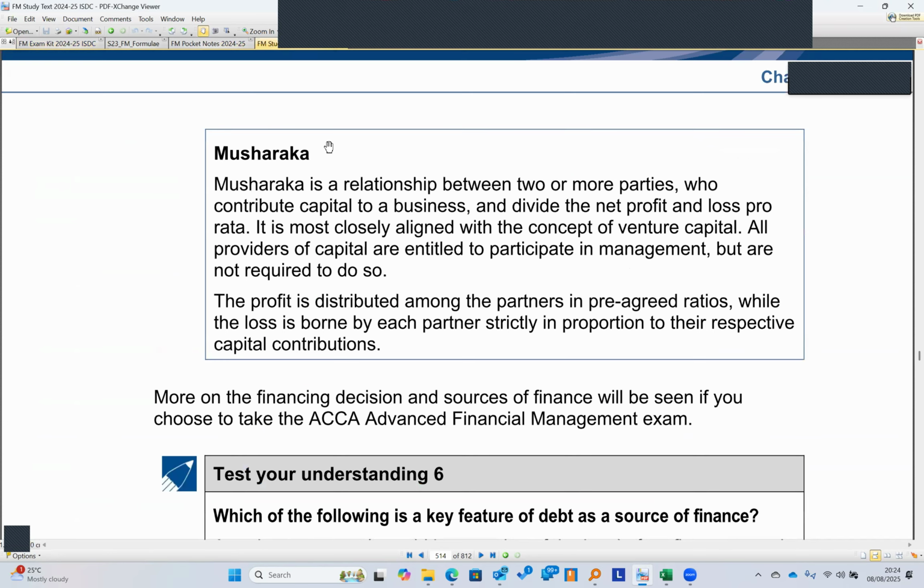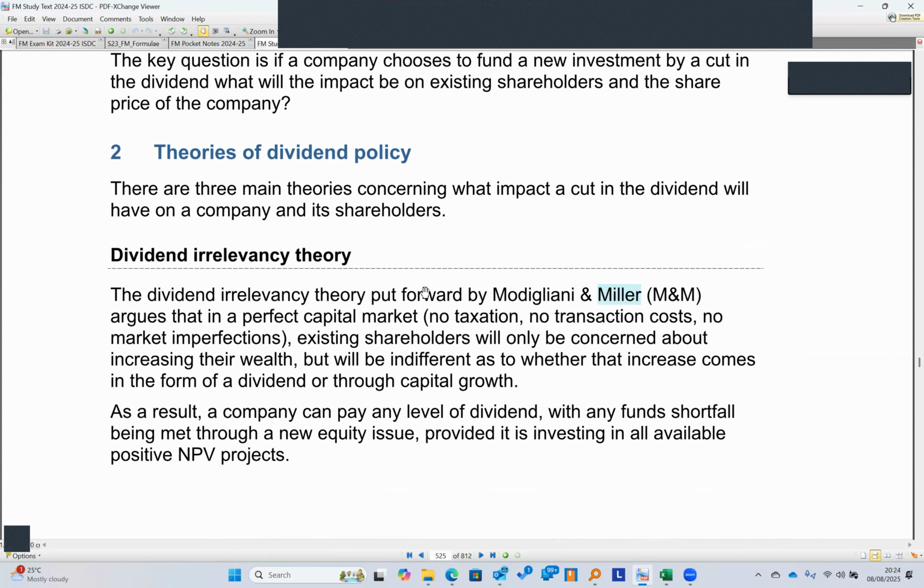We can actually look here: Modigliani and Miller.